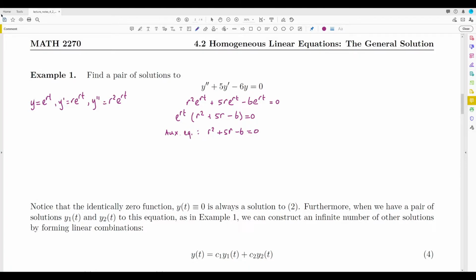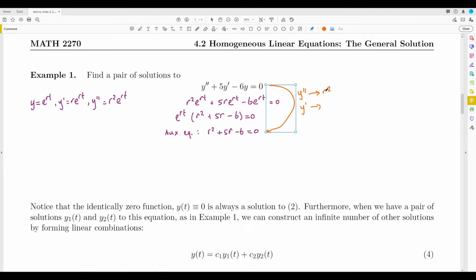Now, if you do this a lot of times, you'll see that you're going to divide out the e to the power rt, and the y double prime will always lead to an r squared, the y prime will lead to an r, and the y will lead to a constant of 1. So if you want to, you can go straight from the differential equation to the auxiliary equation by just replacing terms.